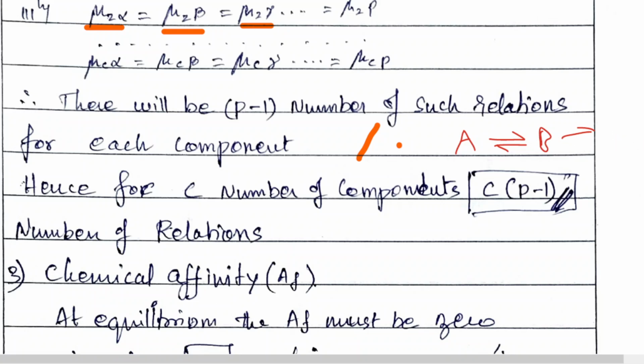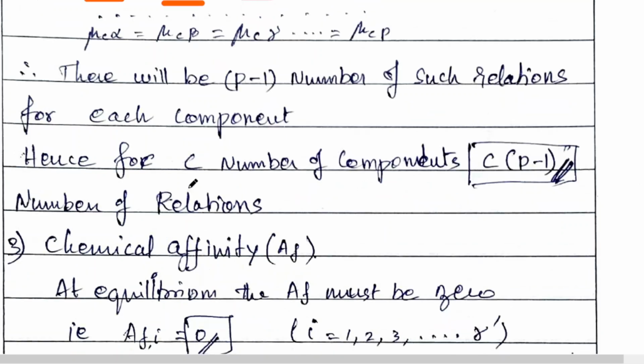There is a relation between B and C, that is relation 2. And therefore, to calculate the number of relations, you must subtract 1 from the total number of phases, and therefore there will be P minus 1. That's why the total number of phases is P, but the number of relations will be P minus 1, for each component.